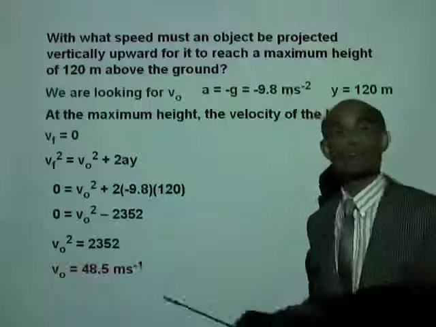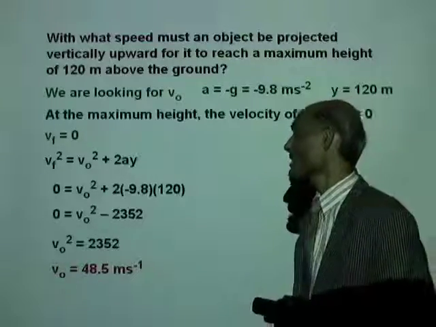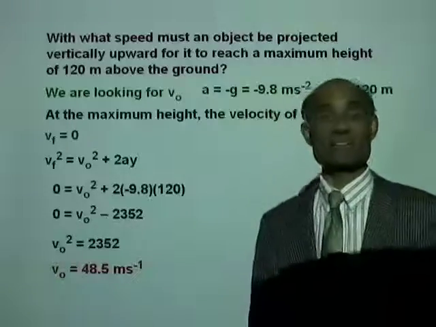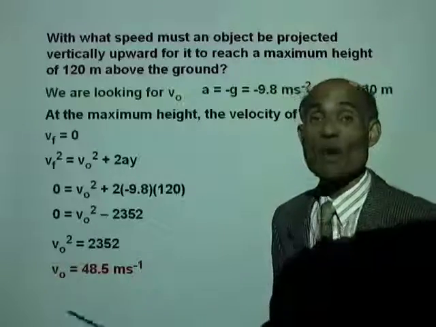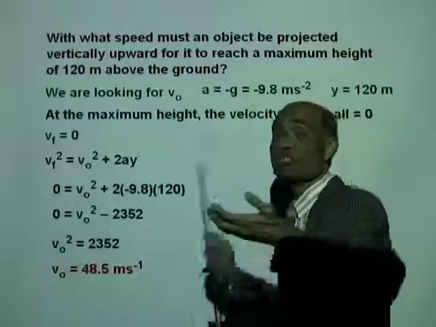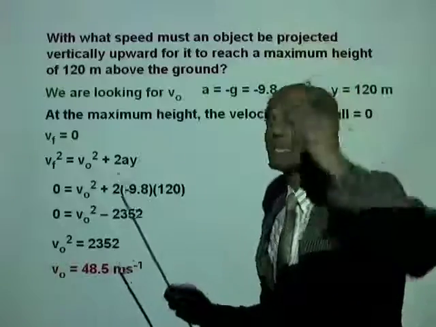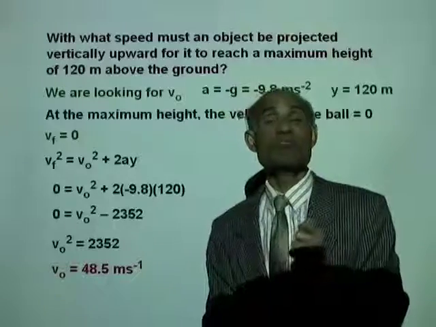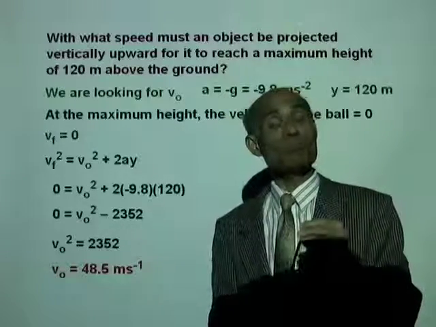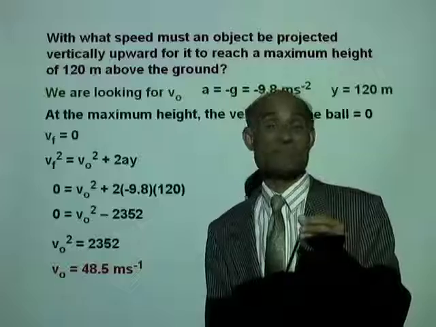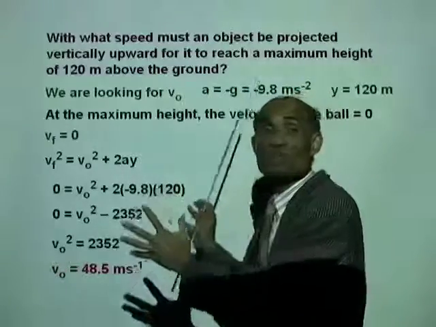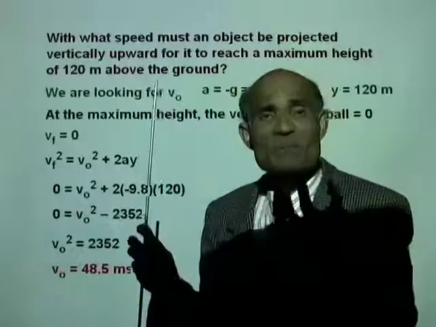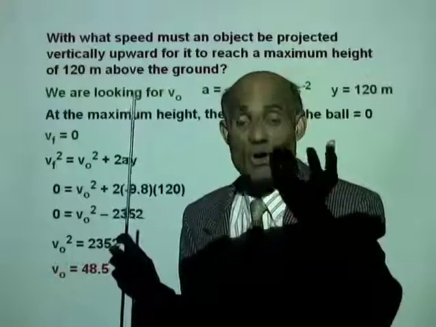The square root of that is 48.5 meters per second. In order that an object may reach a height of 120 meters, you need to project it up with a velocity of 48.5 meters per second.